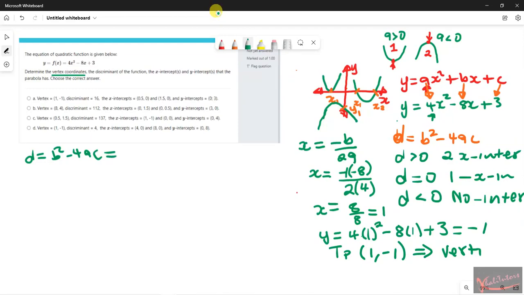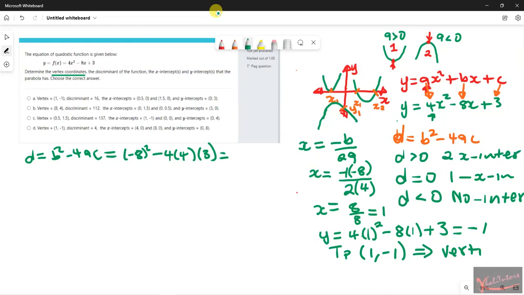We know that b is minus 8, so we write minus 8 squared, then minus 4, and 4 is part of the equation. Then what's the value of a? It's 4 as well. And the value of c is 3. Then you take out your calculator and you calculate. Let me calculate this because I haven't done so myself.